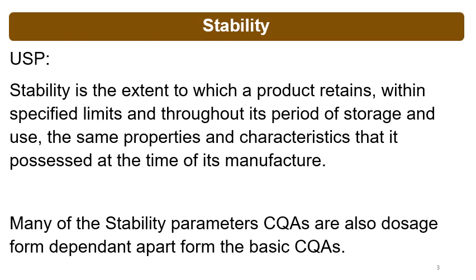Also, one thing to consider and remember is that this stability is not the in-use stability. This definition is not for the in-use stability, it is for the expiry period or shelf life period stability.